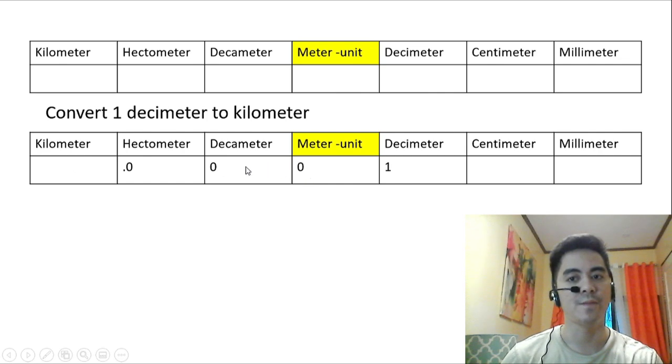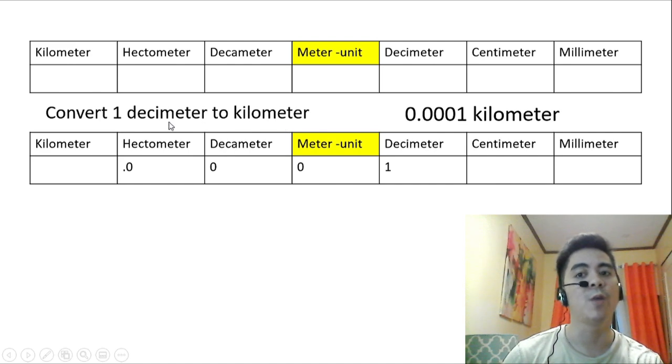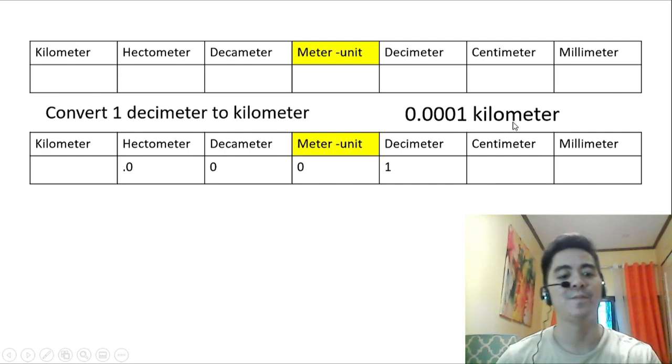So our answer is 10,000 kilometer. So in 1 kilometer, there are 10,000 decimeters.